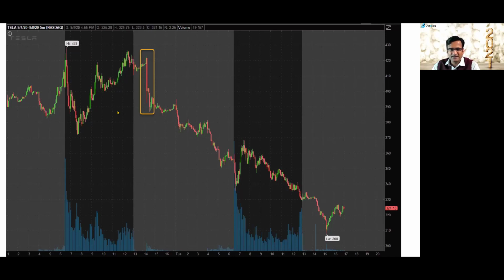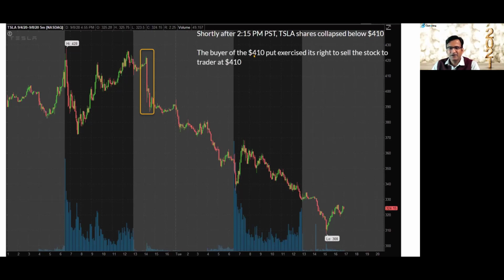I had to go back and get this data. At closing time, the stock was at 418. All good. The stock moved up after closing, and then suddenly at 2:15 p.m. Pacific, the stock fell down. It collapsed below 410. So the buyer of the 410 put exercised its right, and this unfortunate trader was assigned Tesla shares at 410.